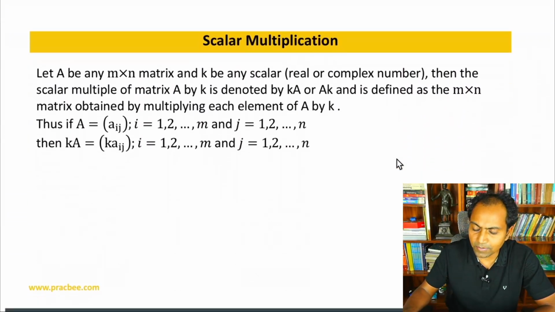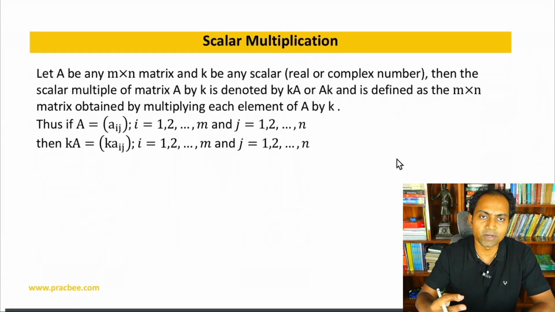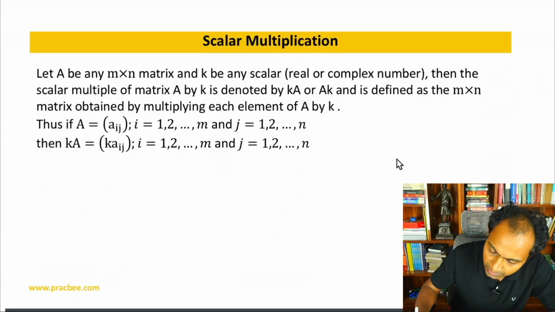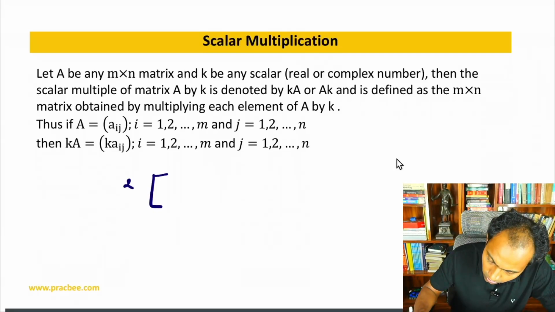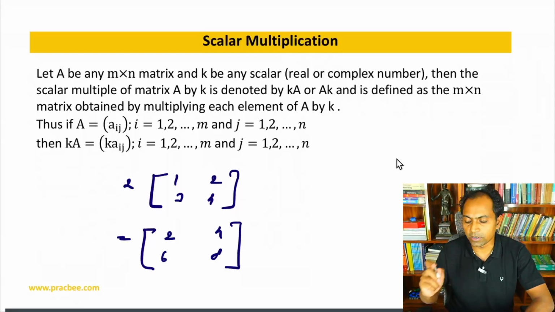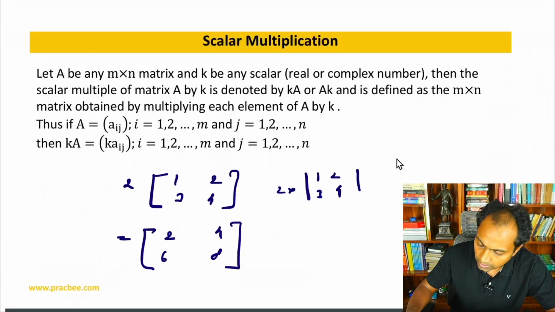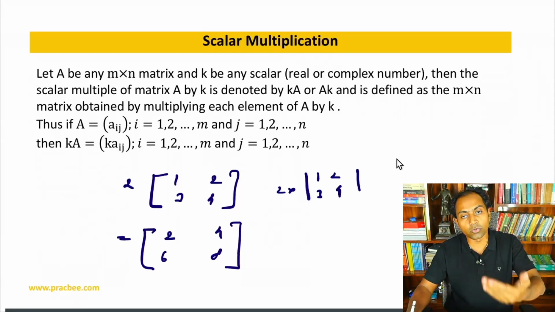If there is a scalar multiplication, it can be distributed in any possible manner. The more important thing to understand here is, if I am multiplying a scalar like 2 to a matrix 1, 2, 3, 4, it will get multiplied to each of the elements. This will become 2, 4, 6, 8. Whereas when we are doing it for a determinant, let us say you have 1, 2, 3, 4, and if I multiply it by 2, it will get multiplied to either a row or a column.